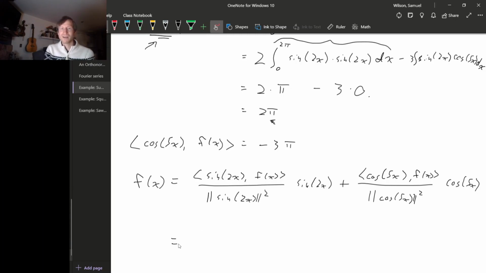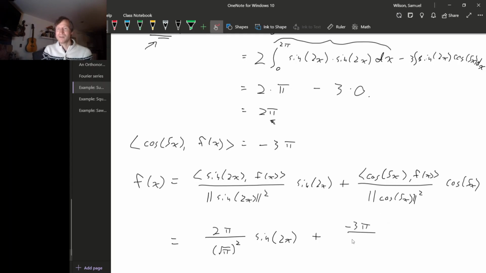Okay, but we worked out these inner products. This one up here is 2 pi. Okay, and then divide by the square of the norm. But remember, the norm of sine 2x was the square root of pi. Okay, times sine 2x plus, and then this inner product up here is minus 3 times pi.